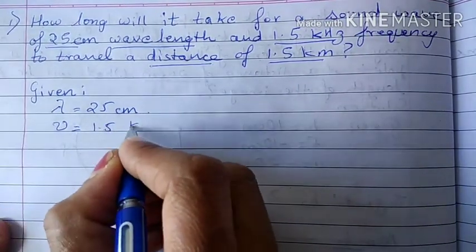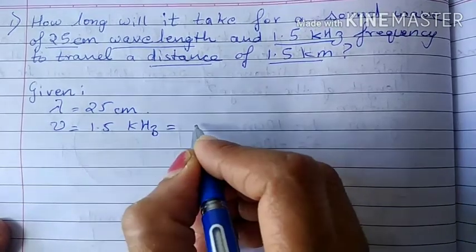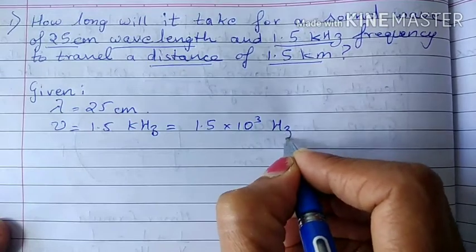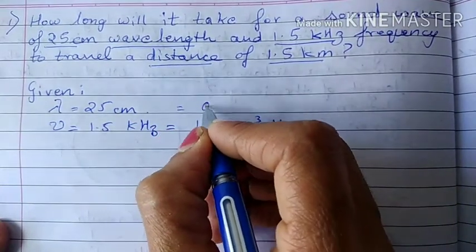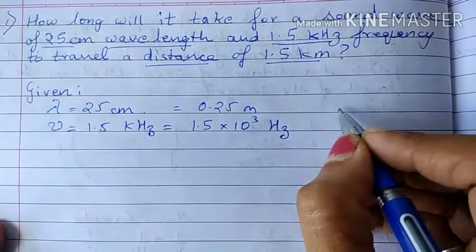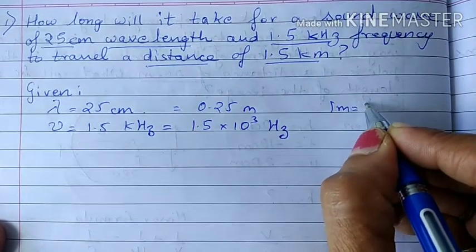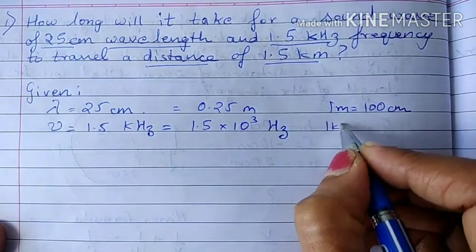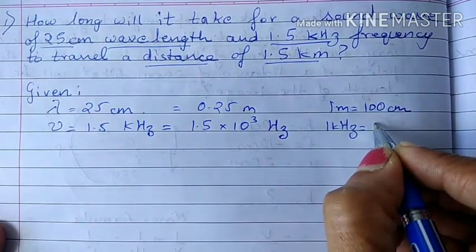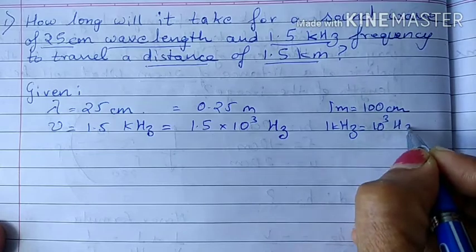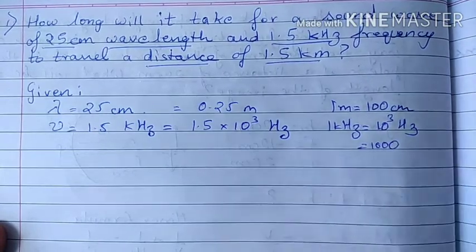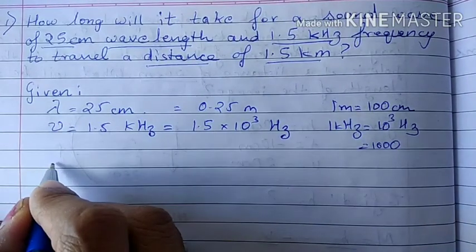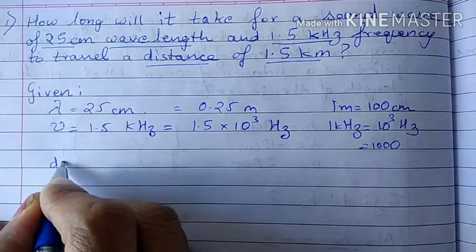The symbol for frequency is nu. And let's convert it into hertz. SI unit of frequency is hertz, and same for lambda is meters. So 25 centimeter is 0.25 meters, 1 meter is 100 centimeters, and 1 kilohertz is equal to 1000 hertz, that is 10 raised to 3. And the distance is equal to 1.5 kilometers.